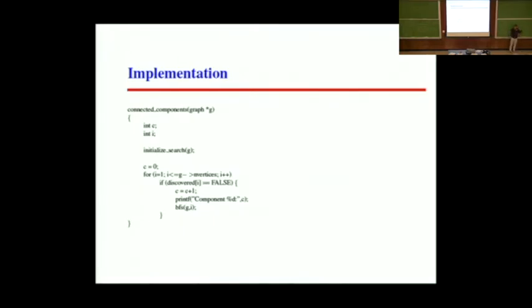The number of vertices and number of edges in the graph is the sum of the number of vertices in each component and the sum of the number of edges in each component. Does everybody see that? So the truth is, this is going to still run in order n plus m time on any graph, regardless of how many components it has.